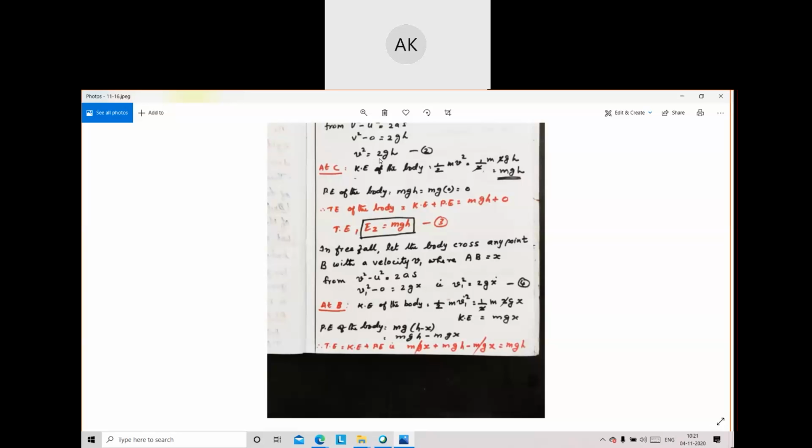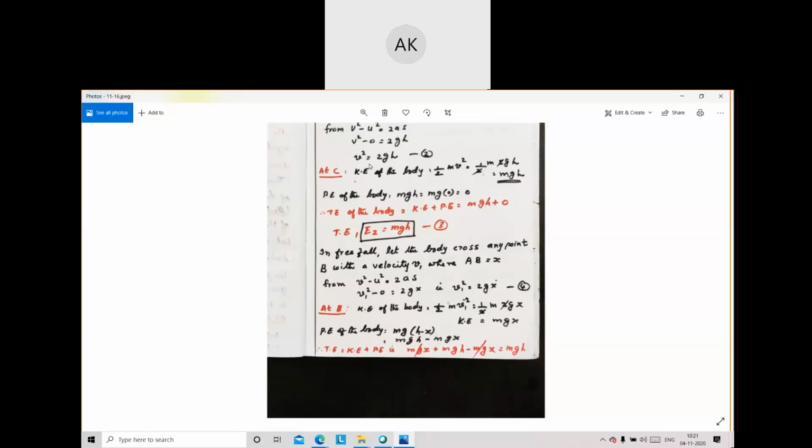When it moved through a distance h, we got V square equal to 2GH, and here we take another velocity, V1 square minus 0 equal to 2gx. X distance it moved downwards, and g is the acceleration due to gravity.